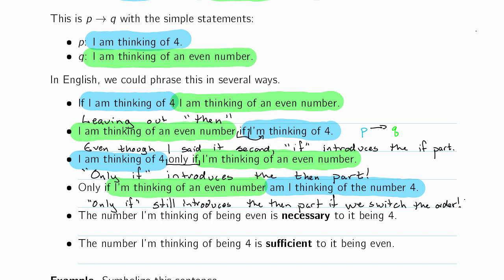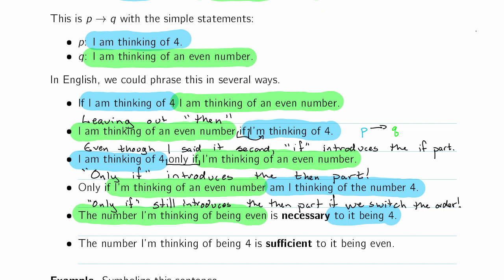So if introduces the if part, even if we switch the order. Only if introduces the then part, even if we switch the order. All right, these last two are very mathy. The number I'm thinking of being even is necessary to it being 4. So that means the number is even has to be true in order for the number is 4 to be true.